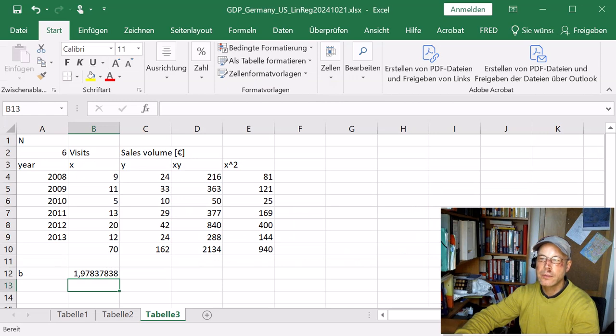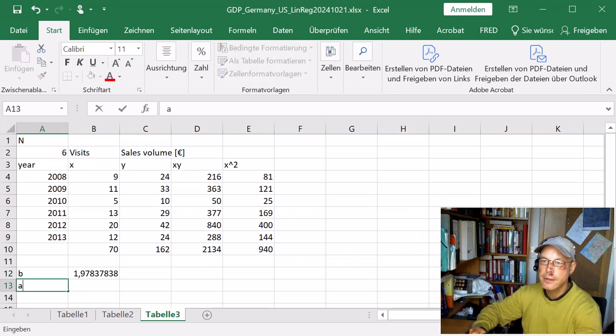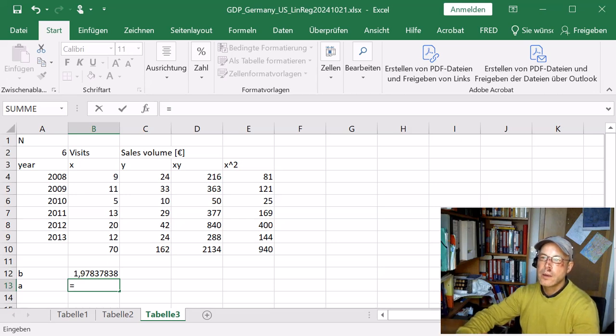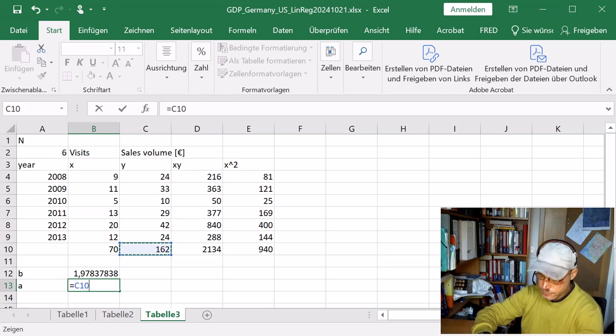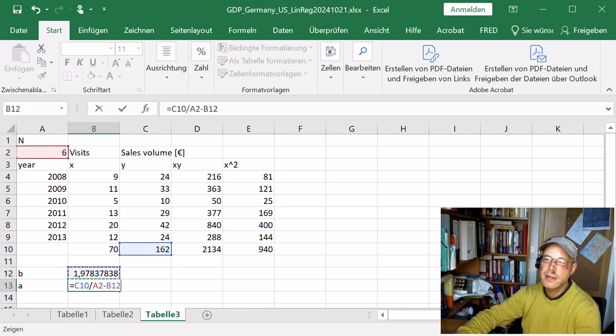So then we will have A equals y bar. Y bar is just 162 over 6 minus B, we have calculated, times x bar, which is 70 over 6.